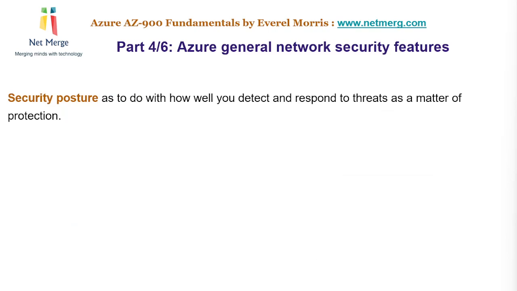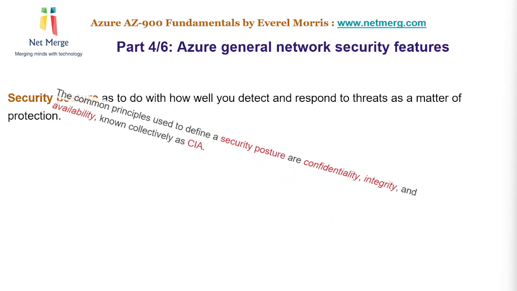All right, we're going to take a look at security posture. And security posture has to do with how well you can detect and respond to threats. So we're talking about detection and reaction as a matter of protection. So that is what security posture is about. When we talk about security posture, we're talking about cybersecurity, how you could detect cybersecurity threats and respond to those cybersecurity threats as well.